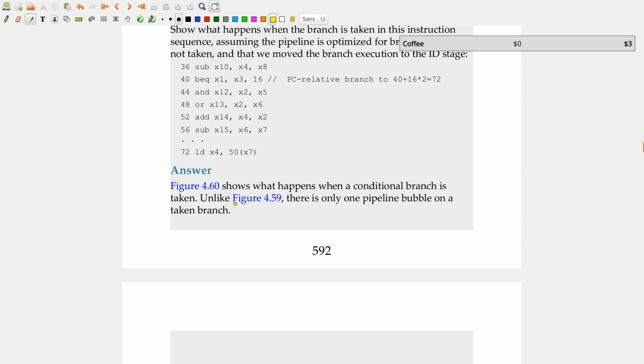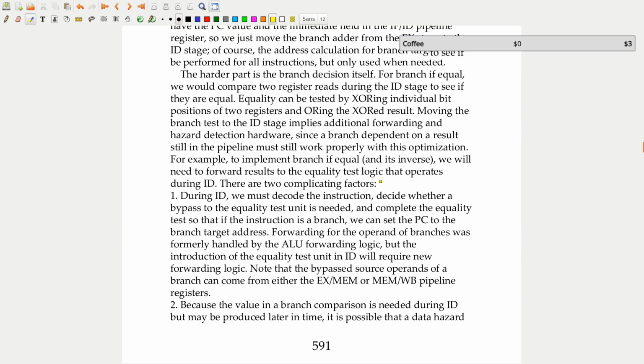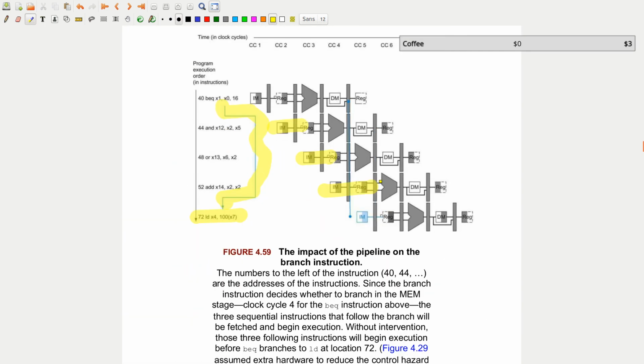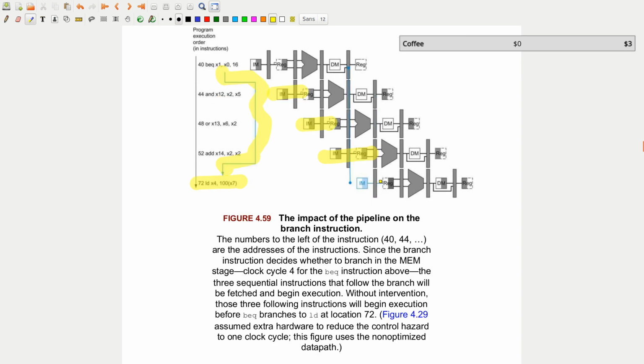So what's the answer? Figure 4.60 shows what happens when a conditional branch is taken. Unlike 4.59, there is only one pipeline bubble on a taken branch. In 4.59, we had multiple bubbles because we figured out much later that a branch was taken.